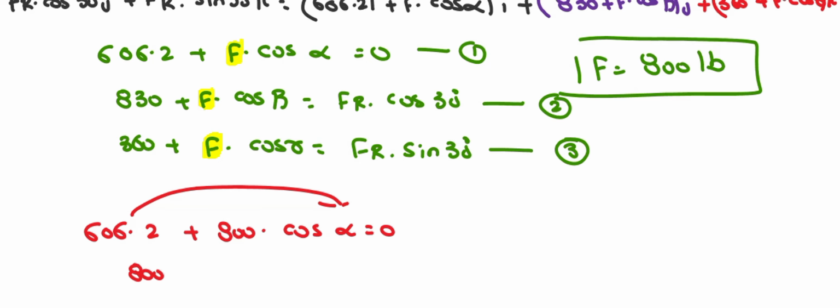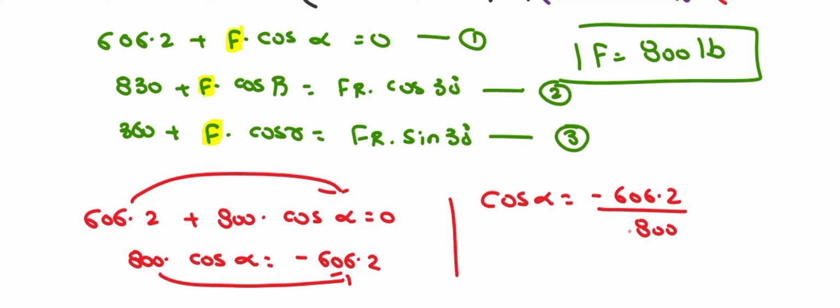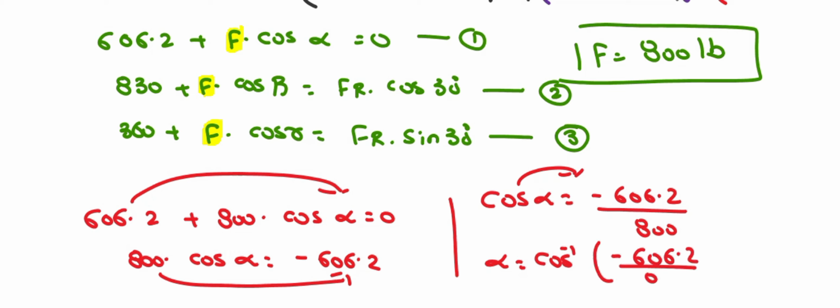So 800 dot cos alpha equals negative 606.2. So 800 goes to the opposite side, so cos alpha is equal to negative 606.2 divided by 800. Shift cos to the opposite side, so alpha is equal to cos inverse of negative 606.2 divided by 800.